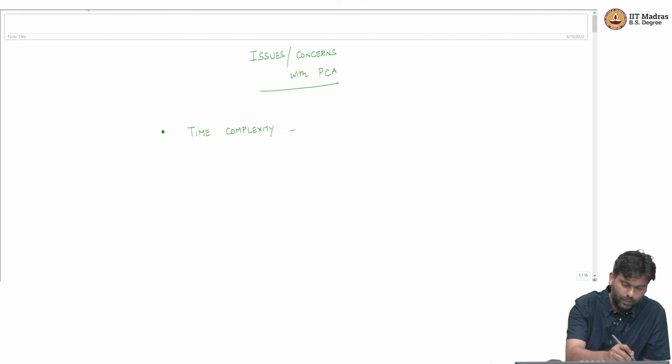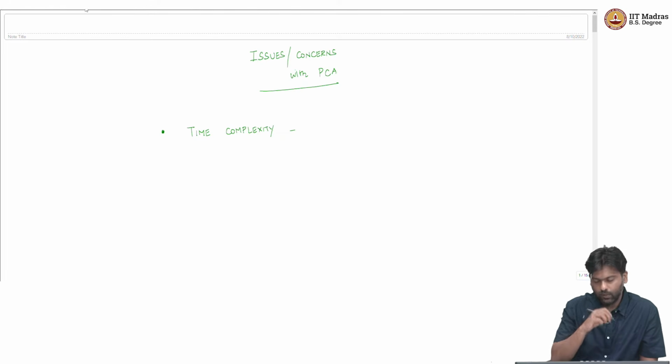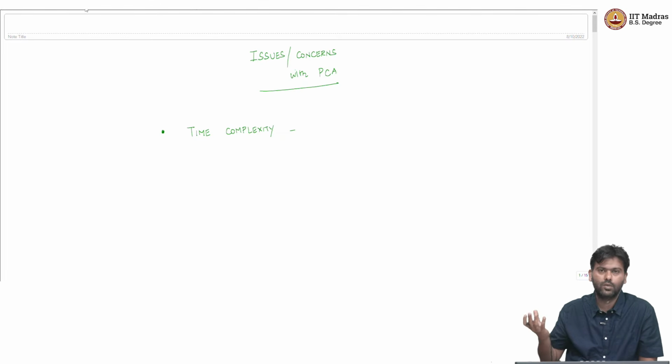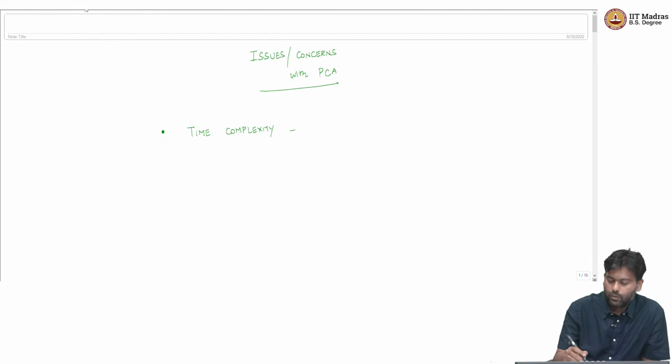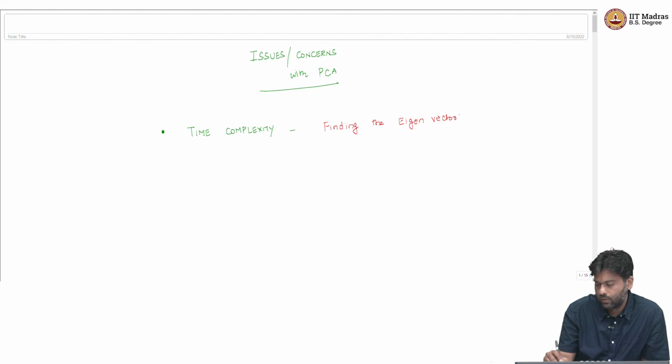So what is the most time consuming step in PCA? Well, PCA is just constructing a covariance matrix and then computing the eigendirections of it. So finding the eigenvectors and eigenvalues of the covariance matrix is the time consuming step.